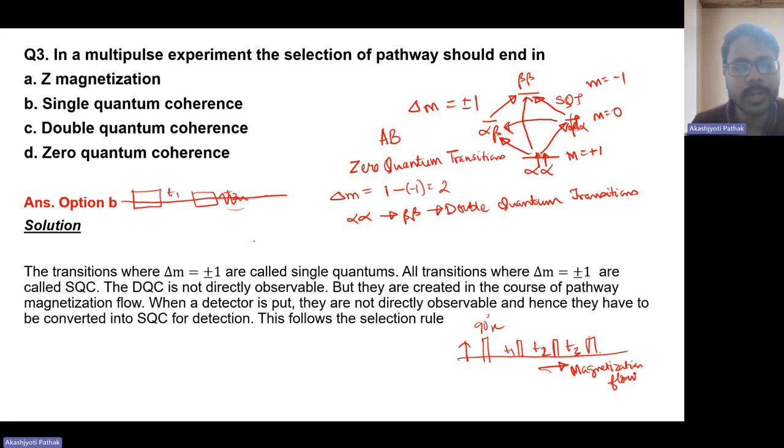So during these points, you had found different terms that were coming, like 2IKX ILY, then there were different terms like 2IKZ ILY. So some of these terms correspond to the zero quantum coherences, some correspond to double quantum coherences. We will look into this in more detail in the next slide.